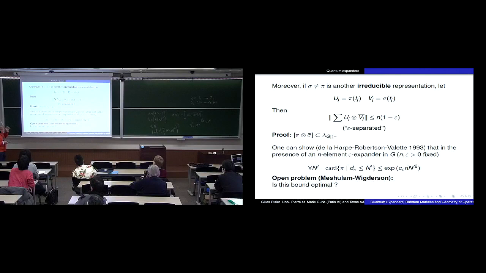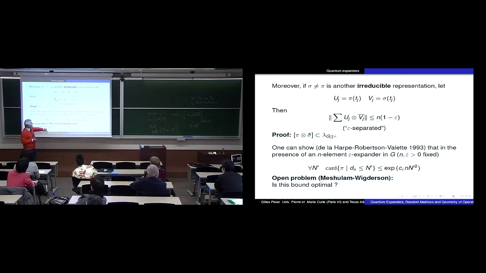And it's related to a paper of Wigderson, who's a specialist of expanders, and Meshulam. And the problem is this. It turns out that there is a bound that you can show, which appears in a paper by Dellard, Robertson, and Valette, and also implicitly in an earlier paper by Simon Wasserman, and which is the following bound, which is written here, which I have to explain because it's important to get it right.